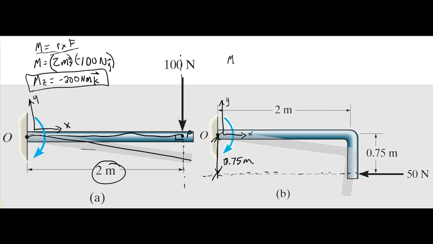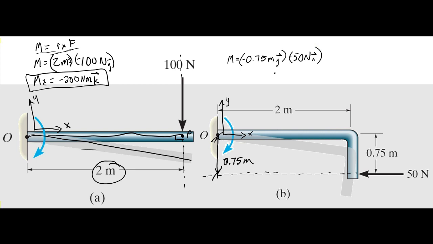The moment here is equal to the 0.75 meters in the negative j direction, and then we have the 50 newtons that's in the negative I direction, right?